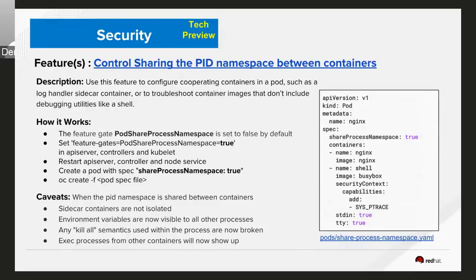But for folks who are building particular classes of applications who are running multiple containers in their pod spec where they want to be able to do some type of inter-process communication and share that process namespace, this is a tech preview feature. You can enable the feature gate on the nodes in question where you need this capability, and basically your containers can see each other within the pod. There are some caveats that I want to call out in the walkthrough, but in the interest of time, we can move on and people can check that out.